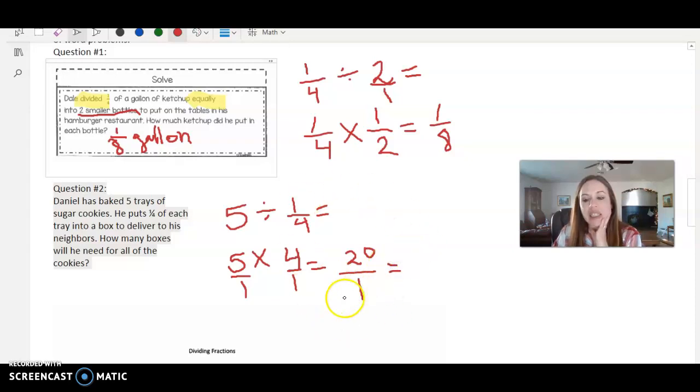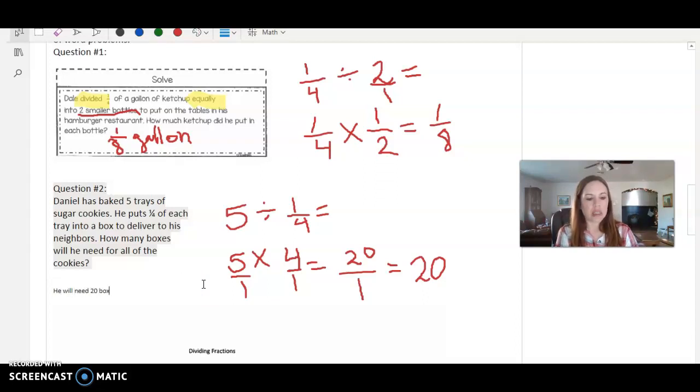No, because it is an improper fraction. So let's go ahead and say 1 goes into 20 20 times. So he will need 20 boxes, and let's go ahead and type our answer in a complete sentence: you will need 20 boxes for all of the cookies.